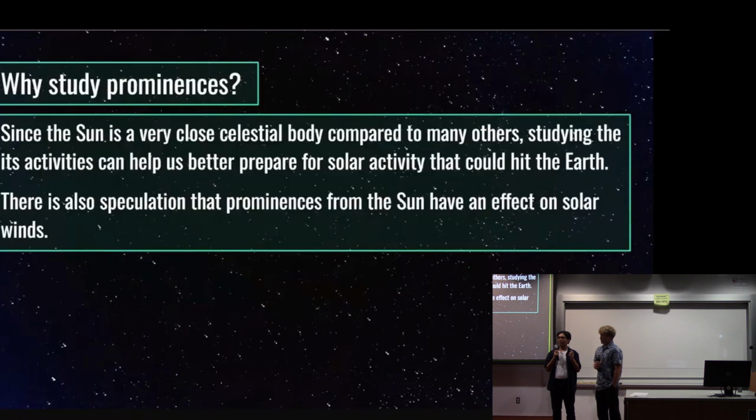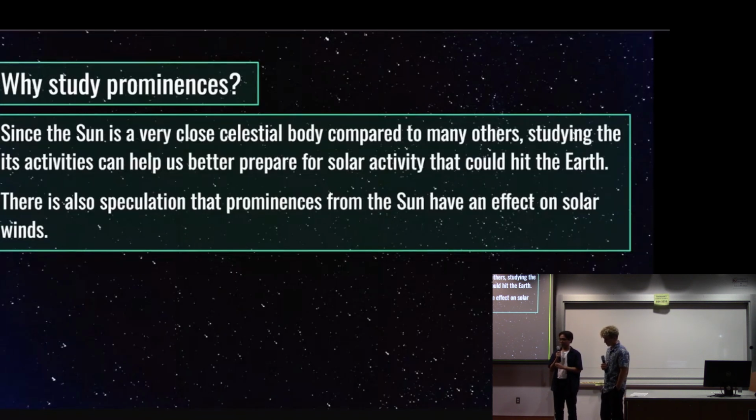So why is this important? Why should we study prominences? Well, since the sun is our star and it's a very close celestial object compared to others, it's important to study its solar activity because when that solar activity could hit Earth, it could have some devastating events. Like, for example, this happened a while back during the Carrington event.